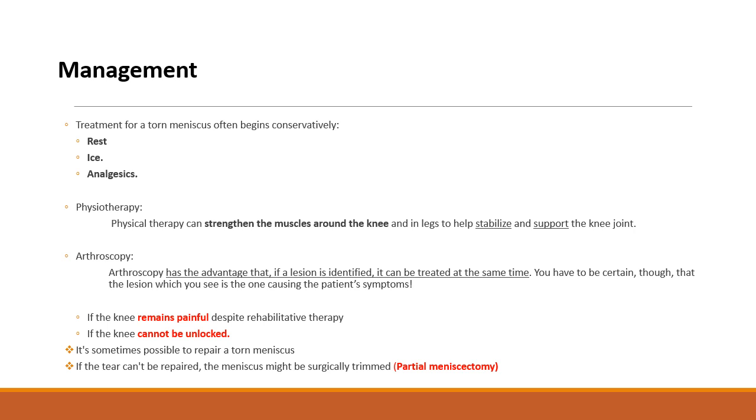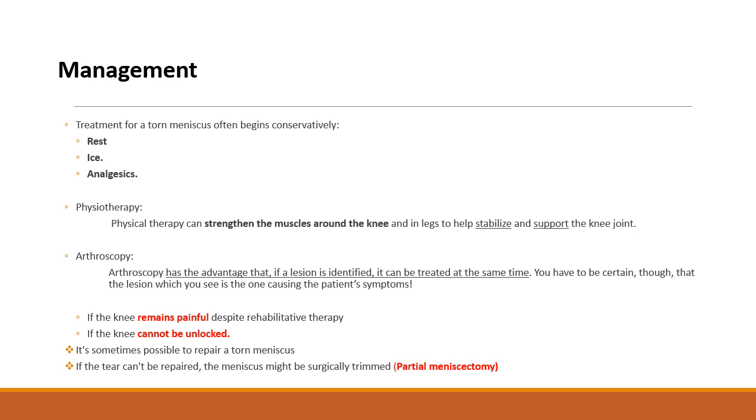If it's a complex tear in the inner two-thirds in a bit older patient, then usually we remove part of the meniscus. We perform partial meniscectomy to avoid the continuous irritation of the joint with continuous flapping of this torn meniscus.